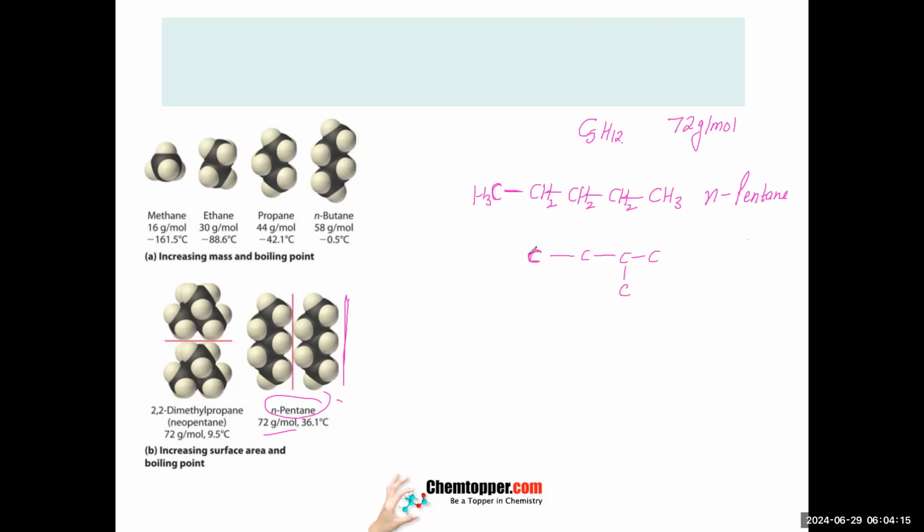How many hydrogens on this carbon? How many hydrogens on this carbon? How many hydrogens on this carbon? On this carbon? On this carbon? Okay. This is called isopentane. Isopentane.